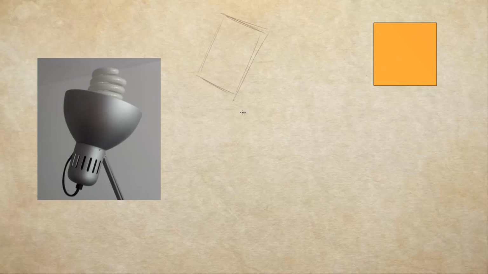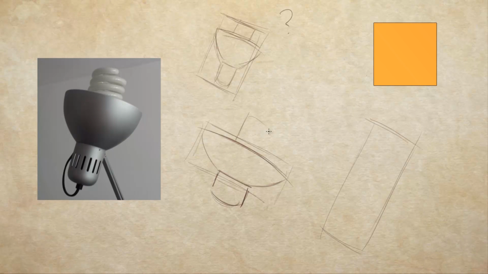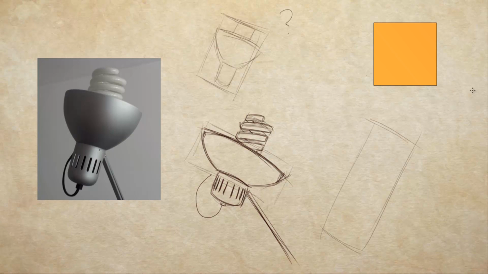So here I have a lamp, and yes, it's more tall than it is wide, but not really, you know? When I look at this lamp, I don't feel like, wow, this is a really tall lamp. It almost feels closer to a square, just because it's not really tall and it's not really wide either. When I look at the light bulb itself, it sort of fits within a square.